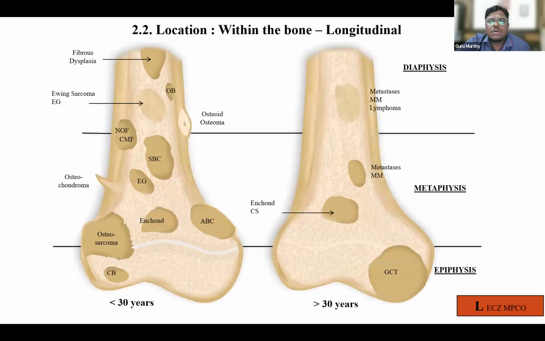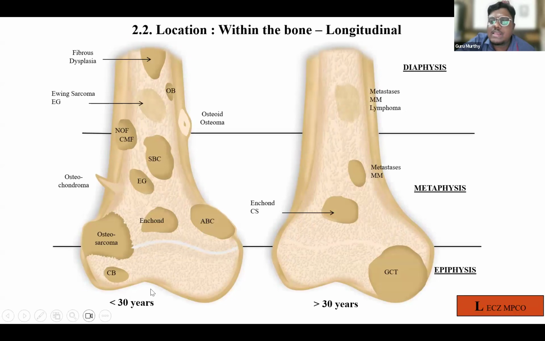So we'll club the longitudinal location and the age now. As I said, it will further narrow down your differentials. I usually prefer remembering epiphyseal lesions and diaphyseal lesions because metaphyseals will cover a lot of neoplasms. If you remember the epiphyseal and diaphyseal, the remaining will be your metaphyseal lesions.